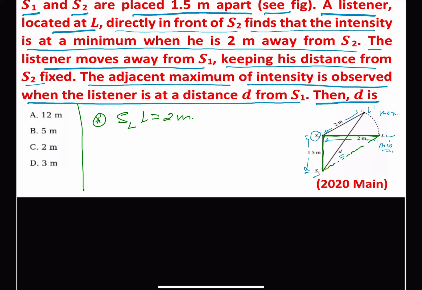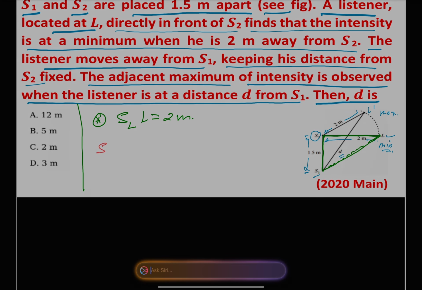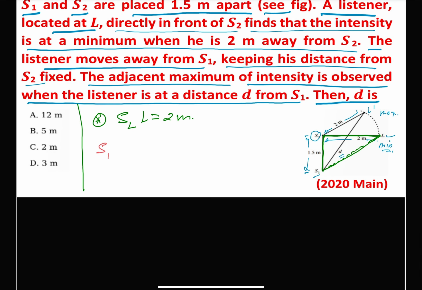So S1L will be equal to the square root of 2 square plus 1.5 whole square. This comes as 6.25, so the square root is 2.5 meters. So the initial distance S1L is 2.5.